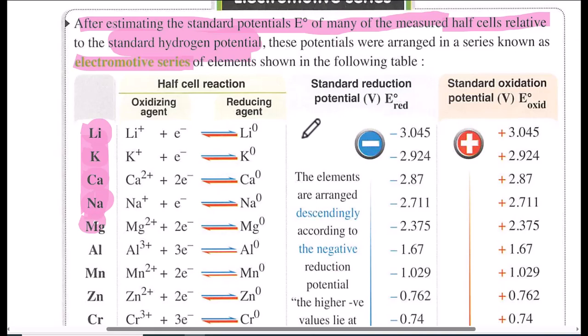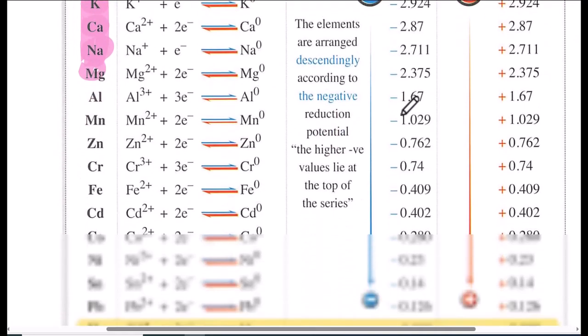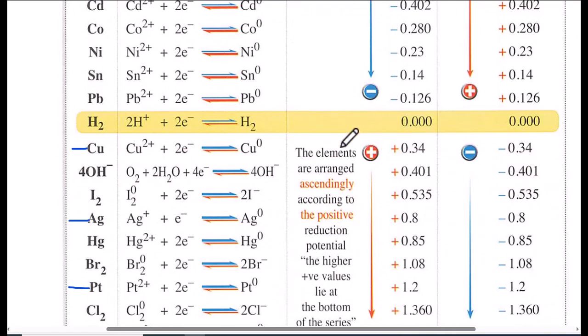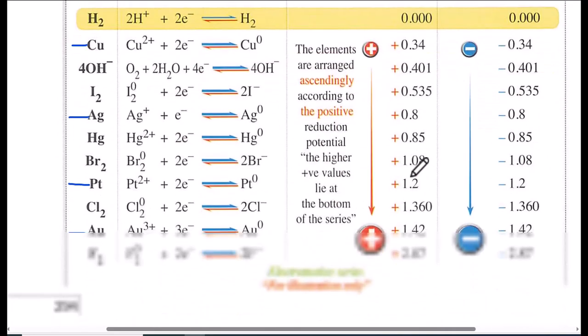So the lower reduction potential elements lie at the top of this electromotive series, and the lower elements have higher reduction potential.